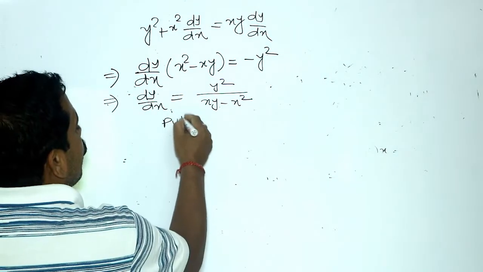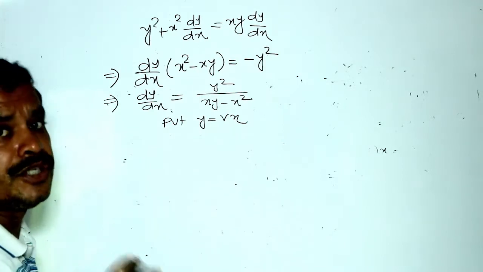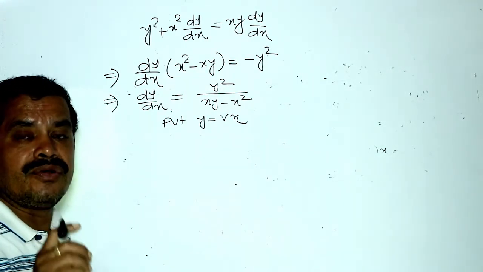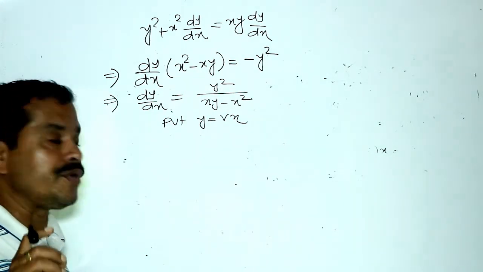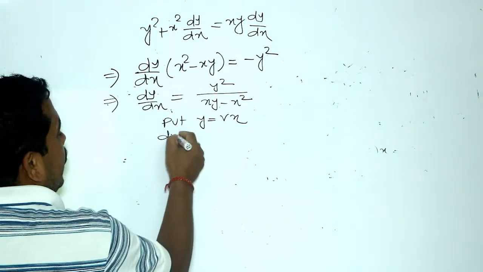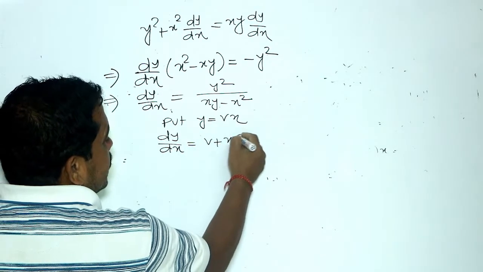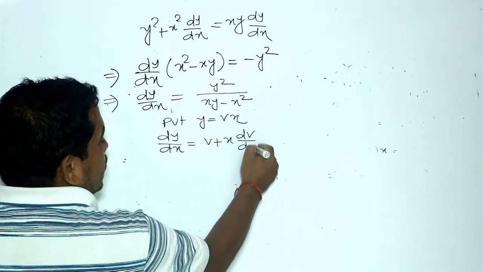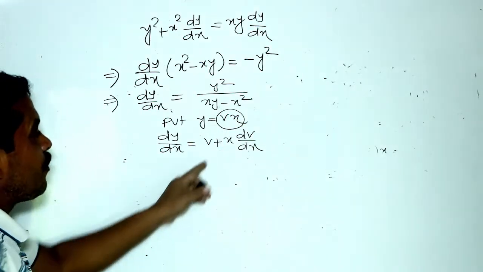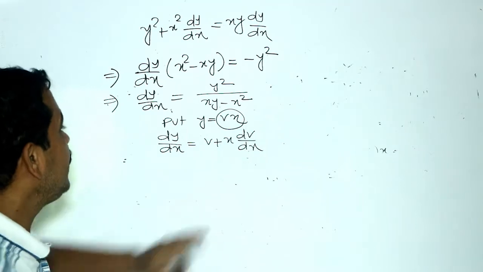Now put y equals to vx. That is the general procedure to find the solution of a differential equation. You have to just put y equal to vx. Then dy by dx equals to v plus x into dv by dx, derivative of vx by product rule.